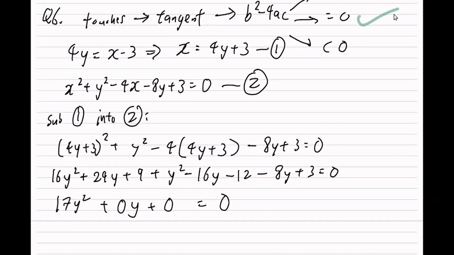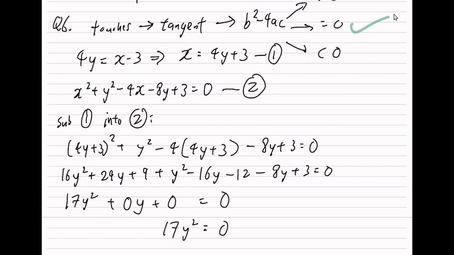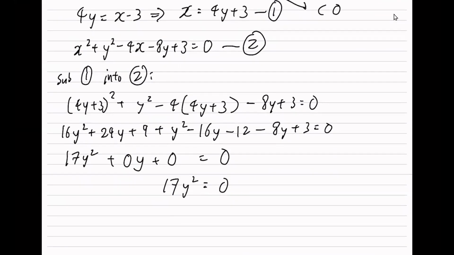So what we are doing now is really just a simultaneous equation to solve for x and y. And since we already got 17y square equals to 0, solve for y, what do you get? What do you get for y?